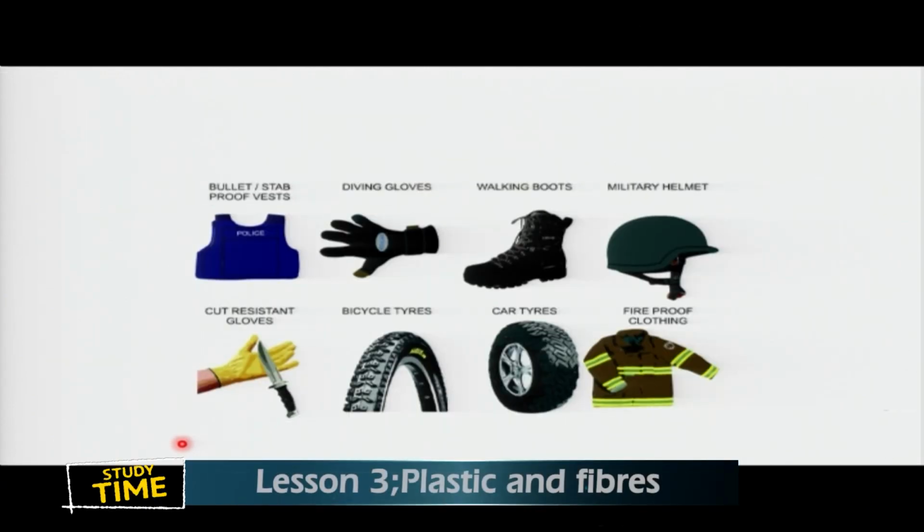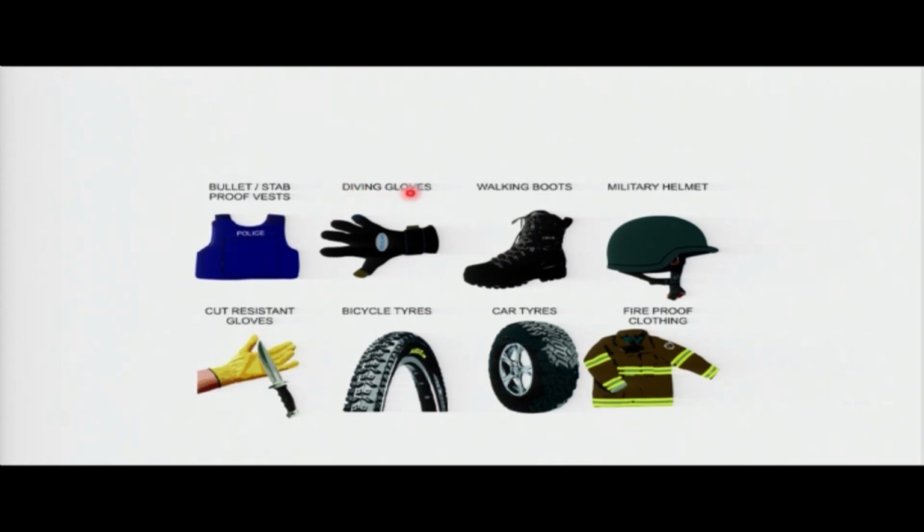So let's look at some of the pictures. Here we have, this is a bulletproof vest, normally worn by the police. This we can call the diving gloves, very, very resistant to fire and also heat. This we have the walking boots, normally put on by people who work in industries where there is high heat or high temperatures.